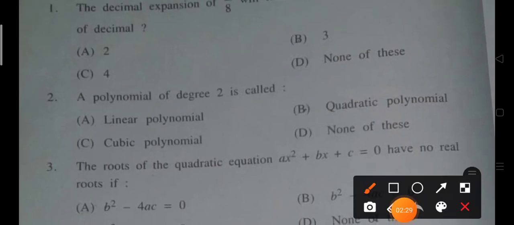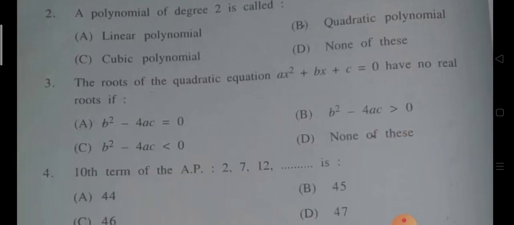A polynomial of degree 2 is called quadratic polynomial. So let us also have a look at other options. Linear polynomial is the polynomial of degree 1. Cubic polynomial is the polynomial of degree 3. So since we have been asked the polynomial of degree 2, it is quadratic polynomial. Let's jump across to the next.